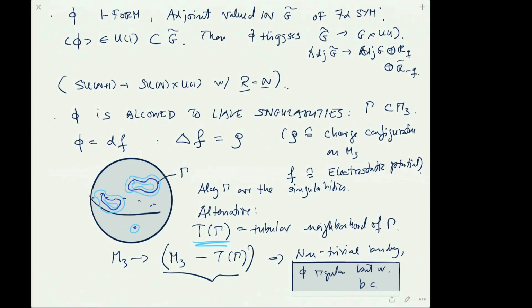Okay, so the setup that we are now looking at, putting it all together, in summary: we have some M3 where the boundary is non-empty.